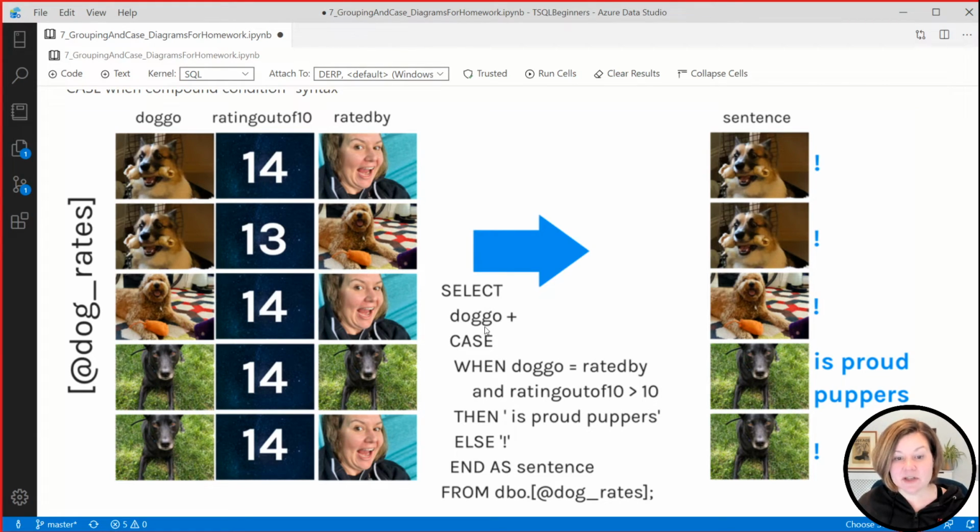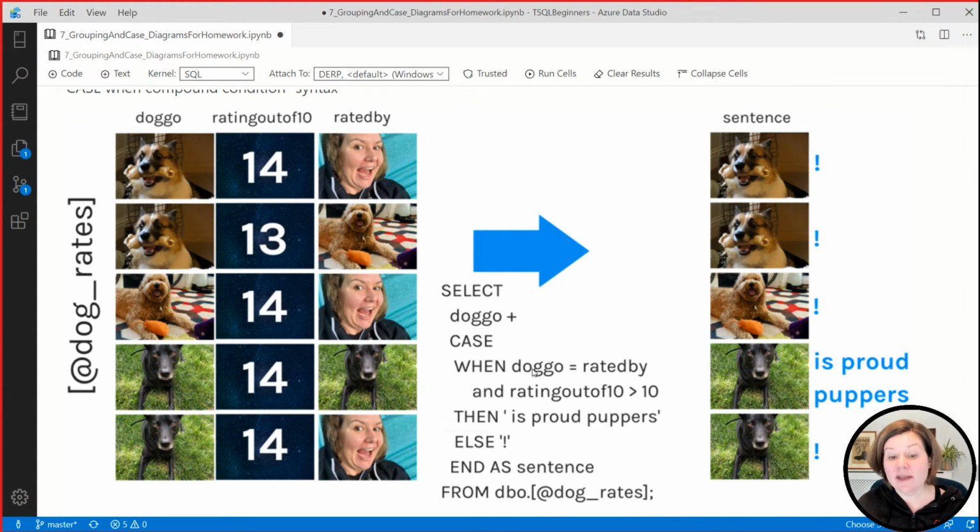But I'm saying, okay, I want the dog name plus, if the dog name is the same as the rated by name, right? So if this dog rated themselves and the rating is greater than 10, right? So this syntax of case lets me say this and that and the other thing, or this. I can make it really complicated. Then it is proud puppers. And then I put in this else blah.